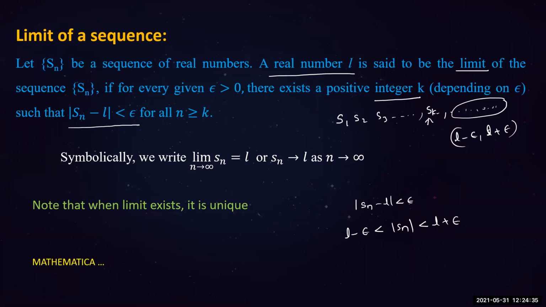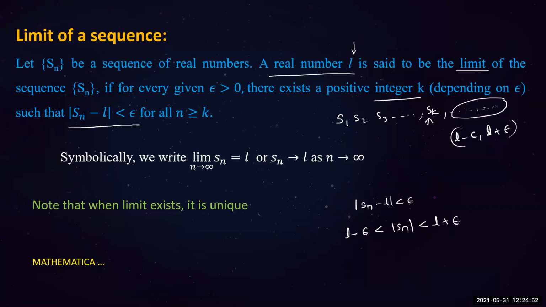If after this kth term, all the numbers in the sequence lie within this interval, then we say the sequence has a limit, and that is L.